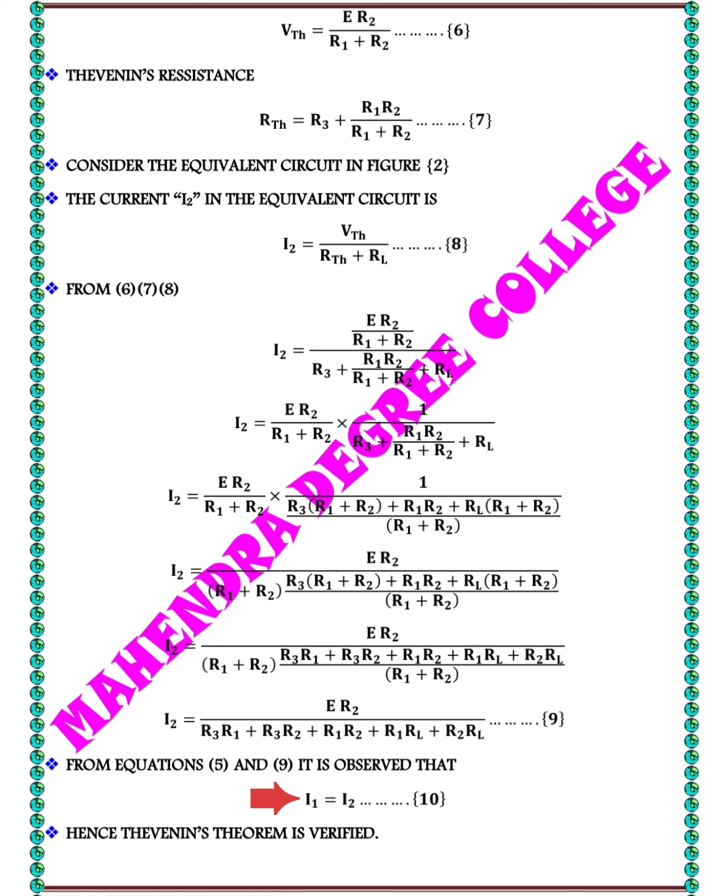The relationship between the current in the simplified circuit I1 and the original circuit's load current I2 is that I1 equals I2, if I2 is the current in the load resistor of the equivalent circuit. Finally, Thevenin's theorem is verified. This is our brief explanation of Thevenin's theorem.